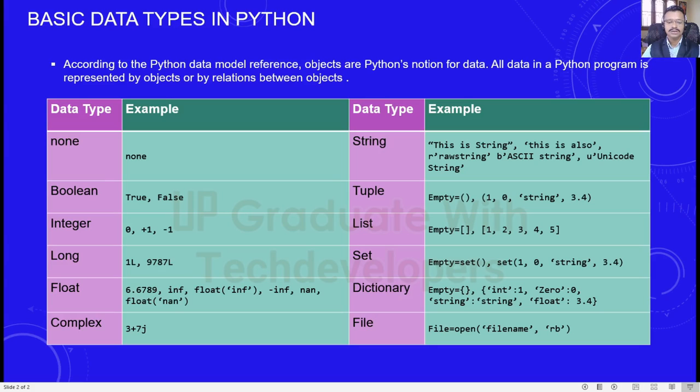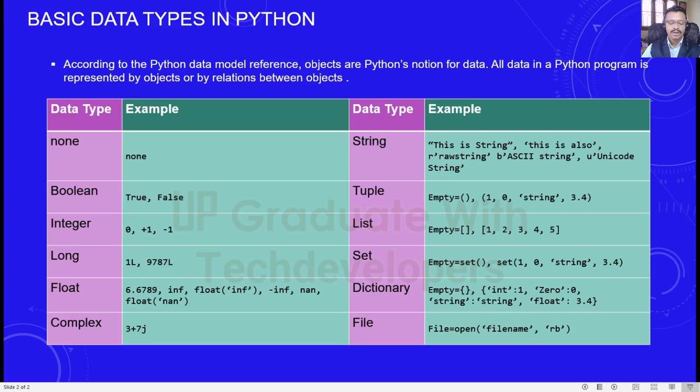So we represent infinite number using float, and inside the parenthesis we write inf. This is for negative infinite. And NaN also belongs to type float. NaN means not a number.